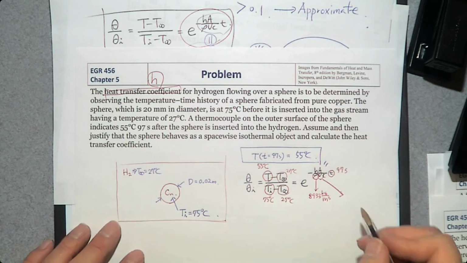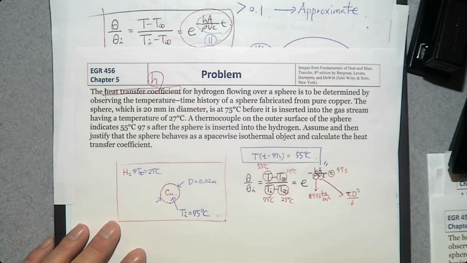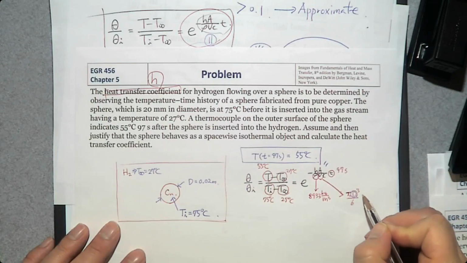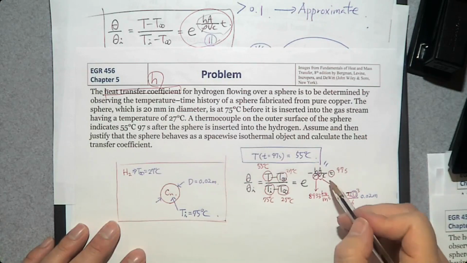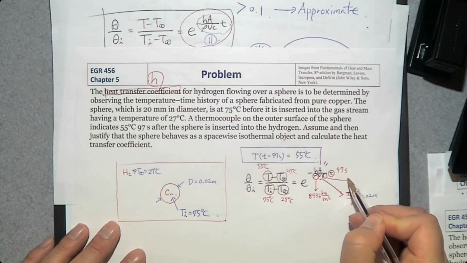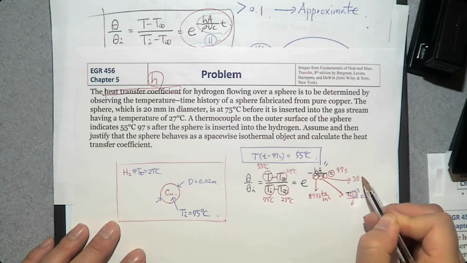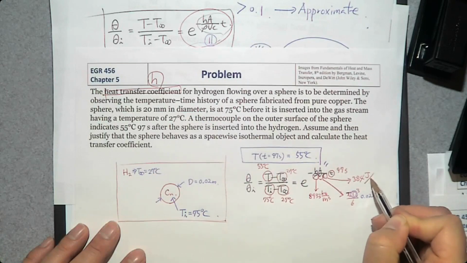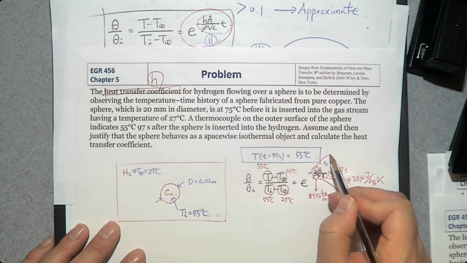The volume can be determined by pi d cube divided by 6, where d is 0.02 meter. And specific heat of copper is 384 joule per kilogram Kelvin, and H value is the unknown.